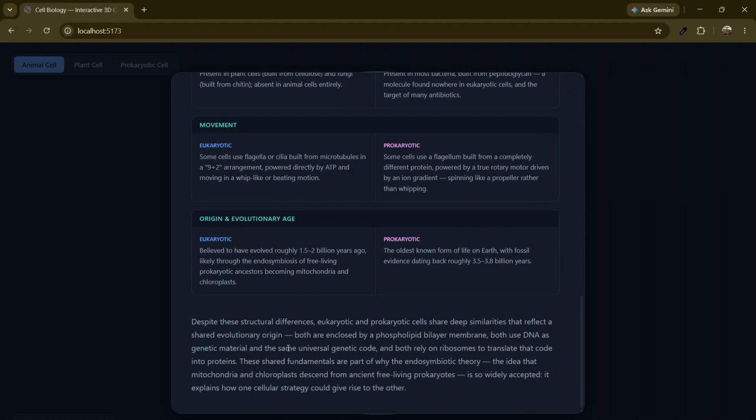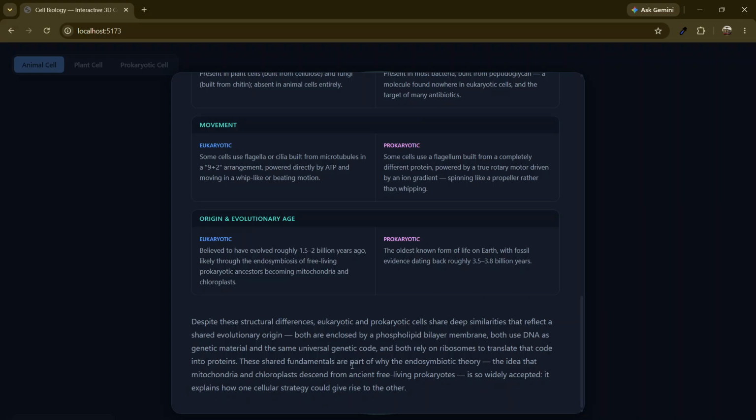Oh, I wanted to read this at the bottom. It says, despite these structural differences, eukaryotic and prokaryotic cells share deep similarities that reflect a shared evolutionary origin. Both are enclosed by a phospholipid bilayer membrane. Both use DNA as genetic material and the same universal genetic code, and both rely on ribosomes to translate that code into proteins.